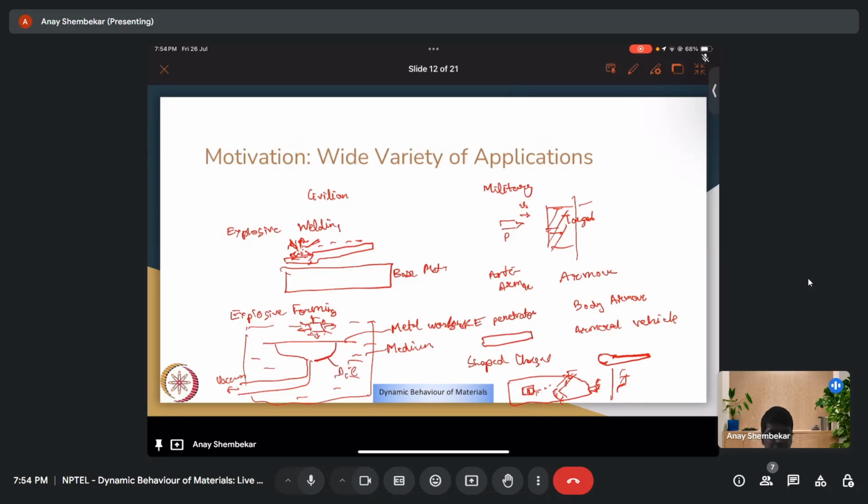You can also do consolidation, like converting graphite powder to diamond. Suppose this is my powder and this dashed area is my explosive.